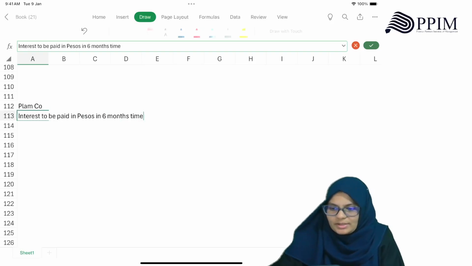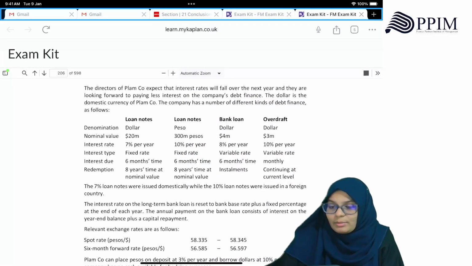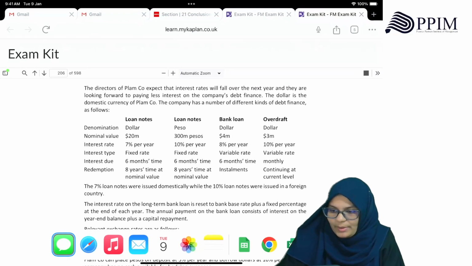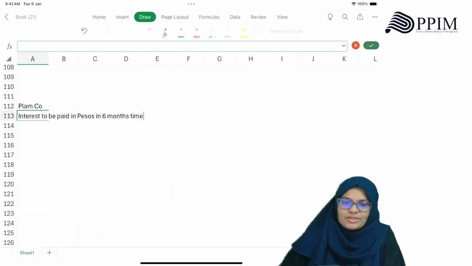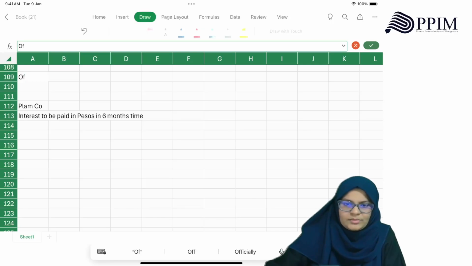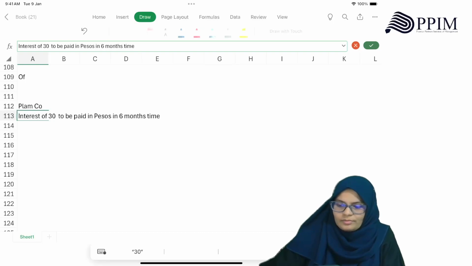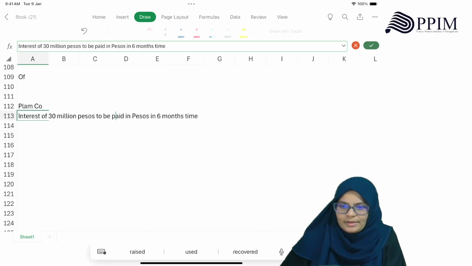How much was that? Let me see how much that was. 10% of 300 million. So I'm talking about 30 million pesos that has to be paid. Okay, so interest to be paid in 6 months time. So this is the transaction that I'm trying to hedge.